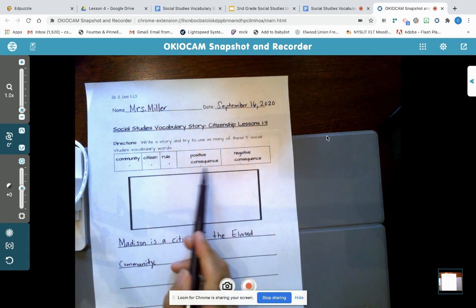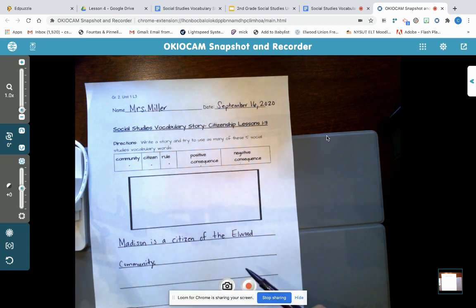Let's see. What could I say next about Madison? How about, do I want to make Madison somebody who follows the rules or somebody who breaks the rules? I think I'll make her a citizen who follows the rules. She always follows the rules.